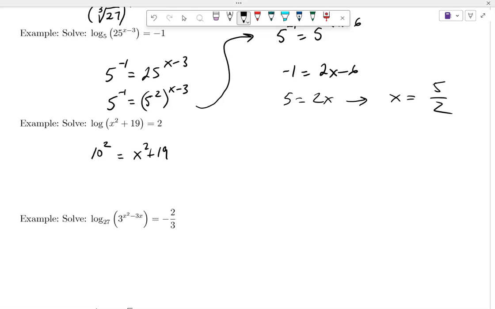Ten squared is 100. So we get 100 equals x squared plus 19. What should we do next? And we can subtract the 19 if we'd like. X squared equals 81.